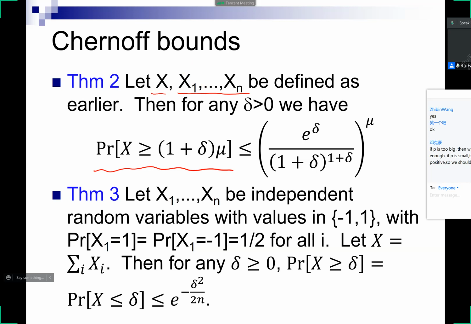For any delta, which is how much you deviate from your expectation, the probability that you deviate from your expectation by a factor of more than 1 plus delta is at most this expression over here, which is kind of complicated.